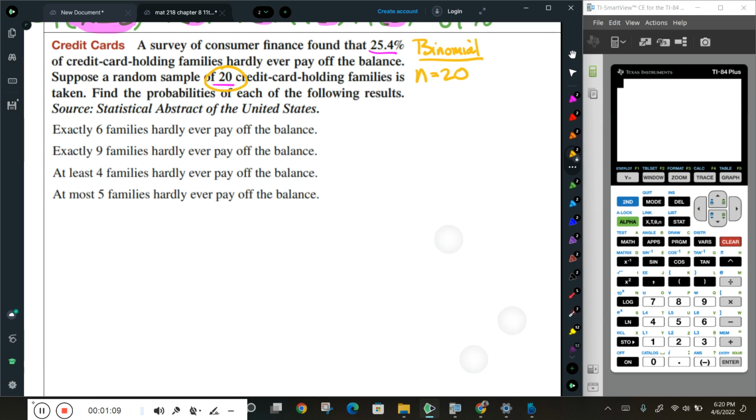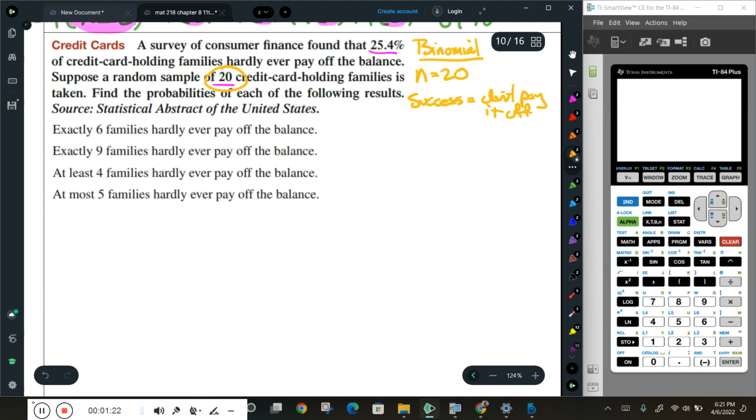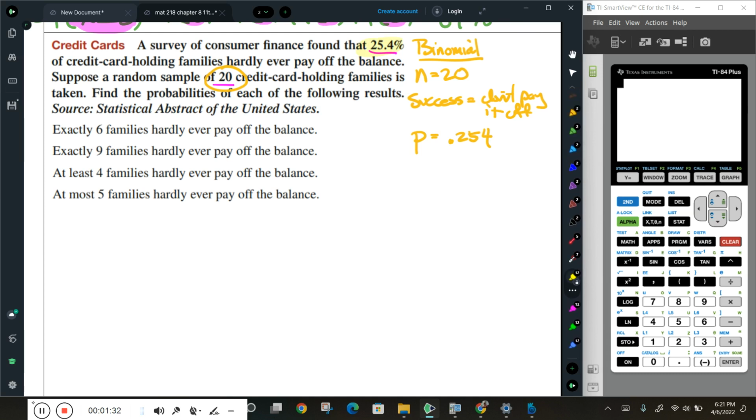We are defining success to be them saying that they don't pay it off. So that's our definition of success. That probability of success is going to be 0.254. That's the 25.4% from up there.